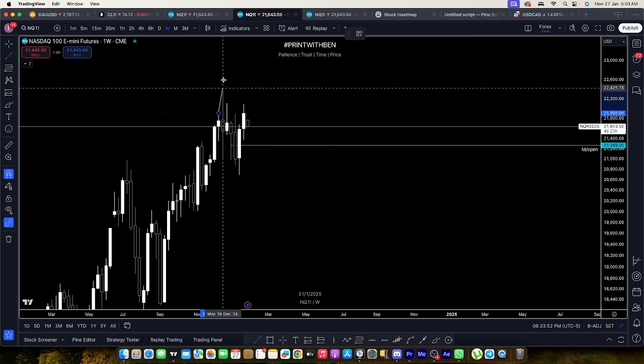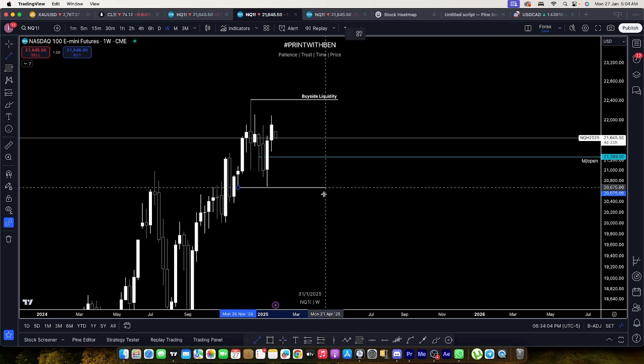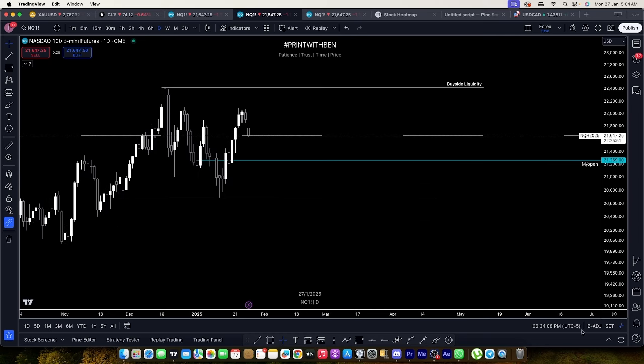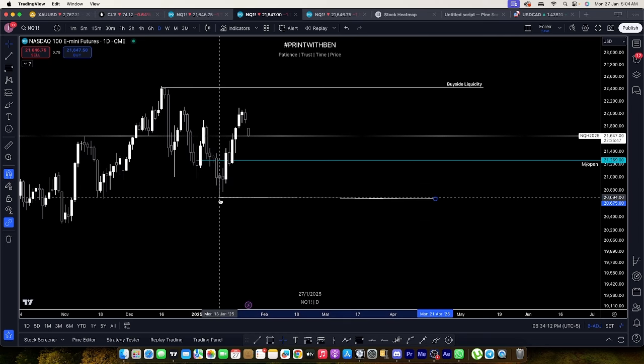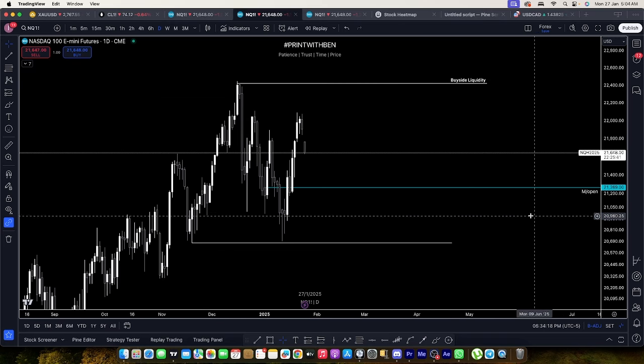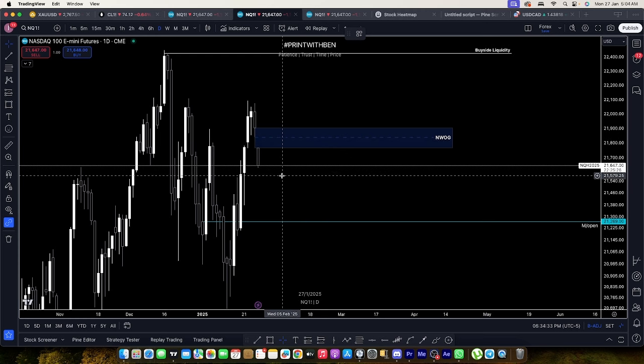This will be my particular buy side target, and is there anything else on the weekly? We have something like equal lows here. Yeah, let's see. On to a daily time frame, contract adjustment is done. Now this is what we are dealing with right now. So that is my new week opening gap right there.